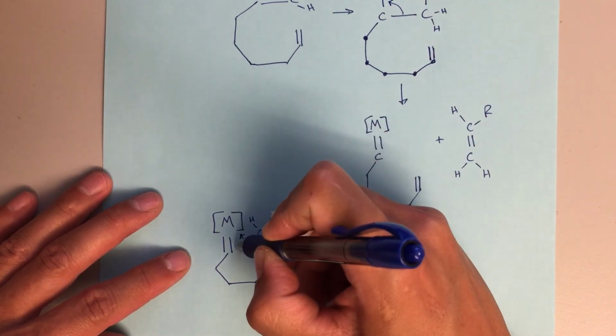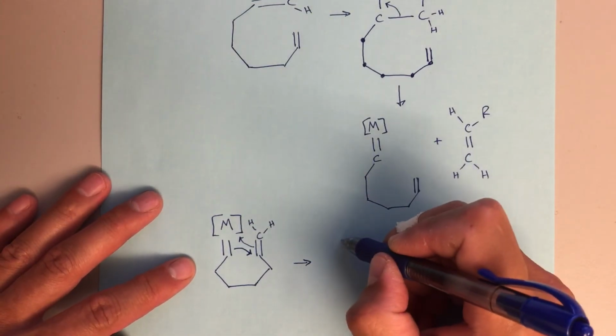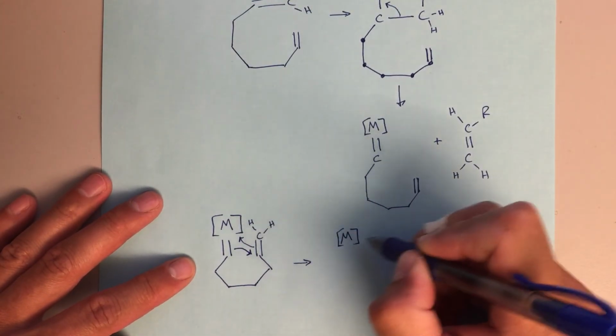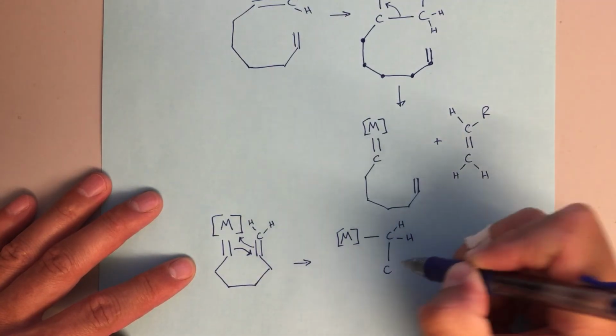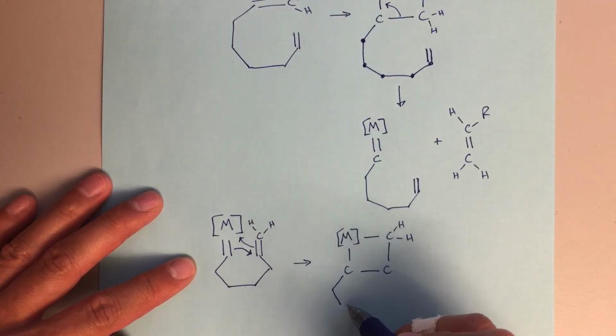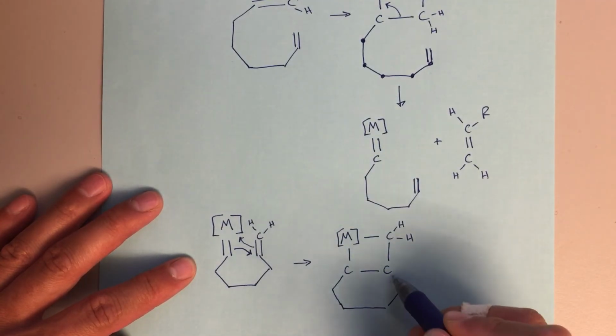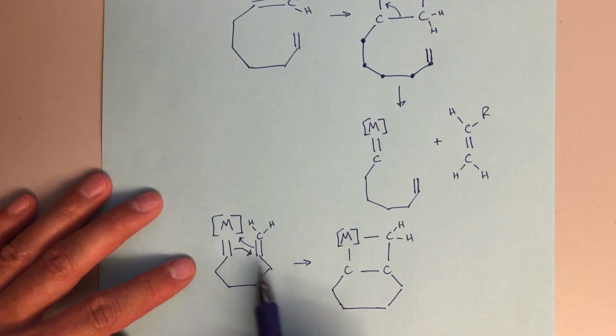And we're going to start moving these electrons around again. That's going to lead us to that box-shaped intermediate that we've seen before, forming a new bond here. And then this is going to look like my six-membered ring. So here I've got my six-membered ring, the same six-membered ring here.